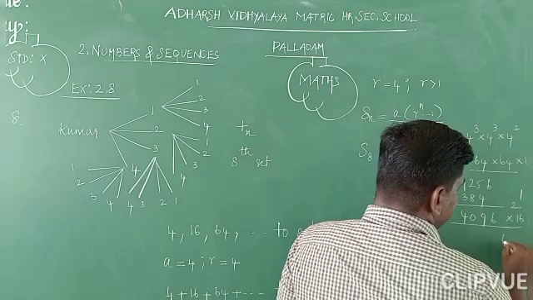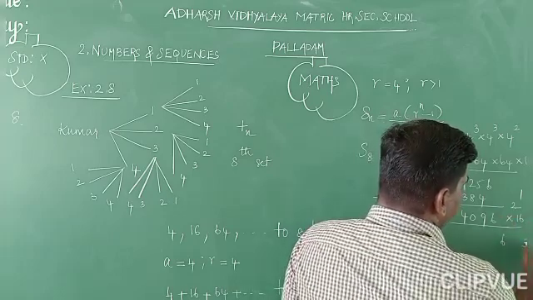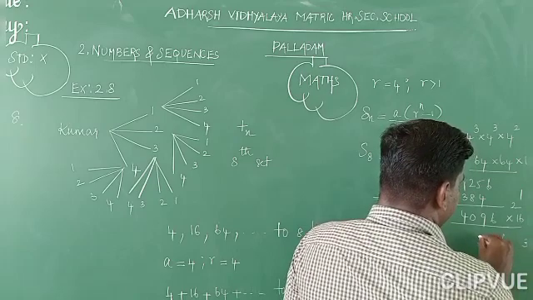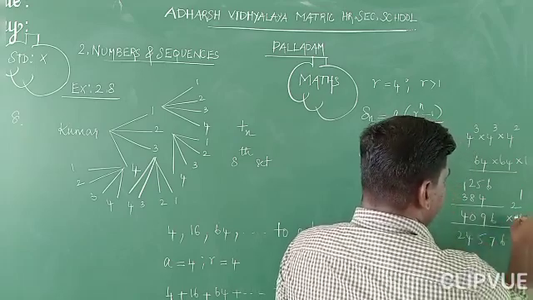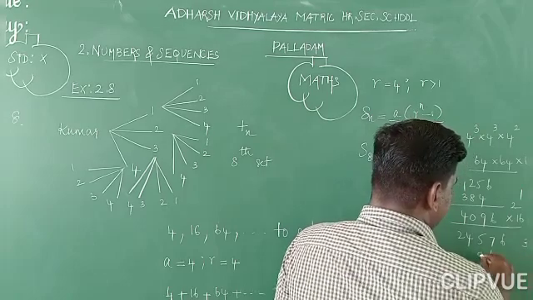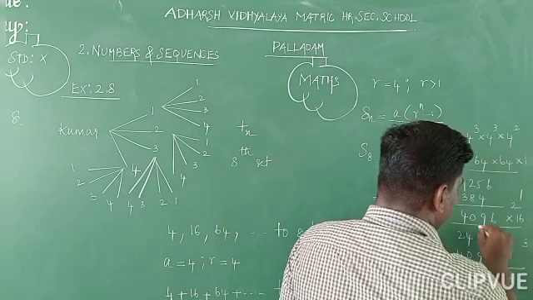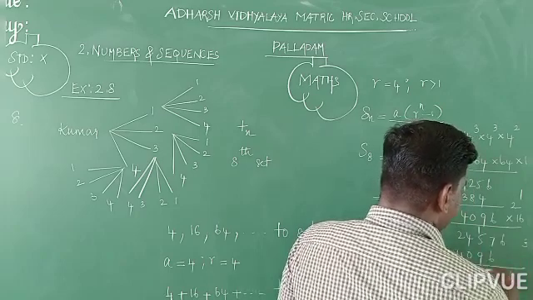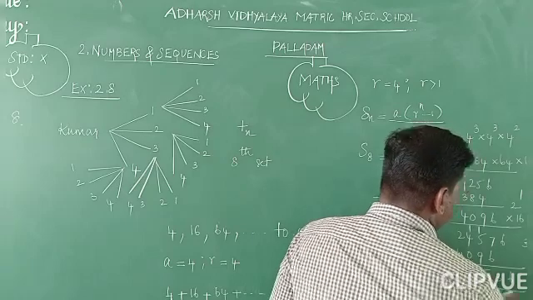So 6 into 6 is 36, remaining 3. 6 into 9 is 54, plus 3 is 57. 6 into 4 is 24. Then multiplied by 1, we get 65536.